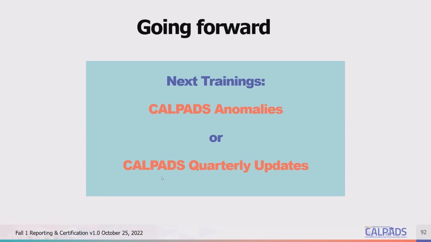And then the CalPADS quarterly is also next week. Remember, November 1st and November 2nd, it's the Brandy show, right? So it's like the CalPADS Q&A, but hyped up, right?